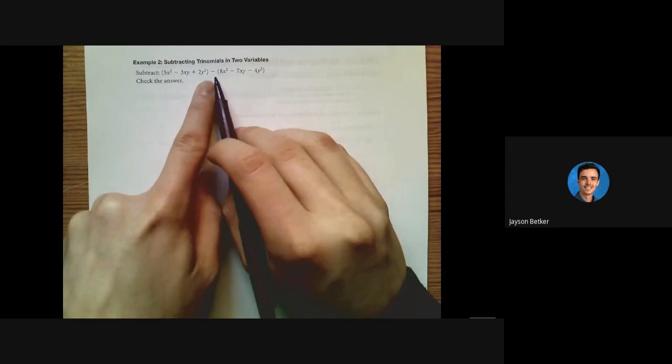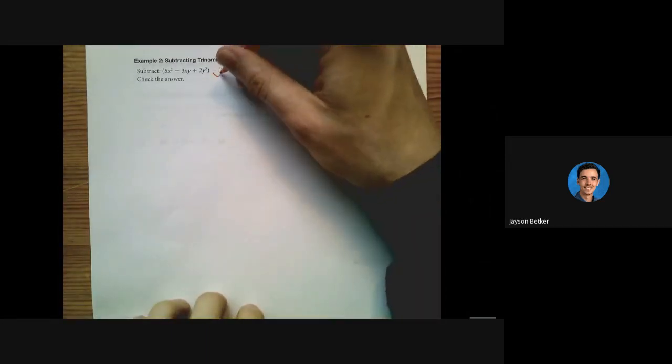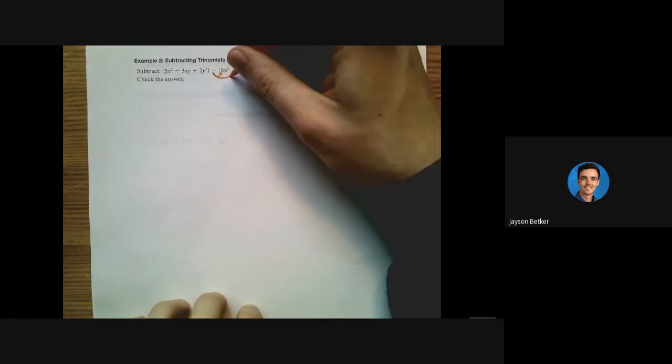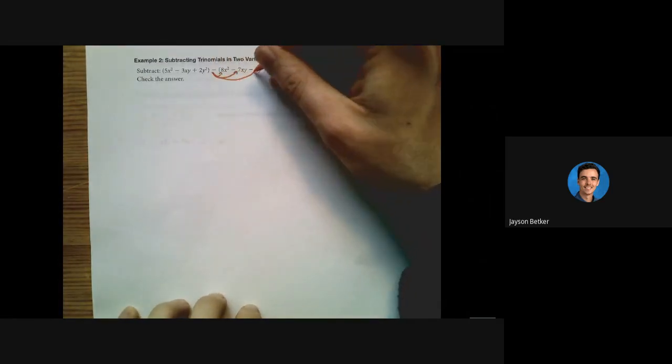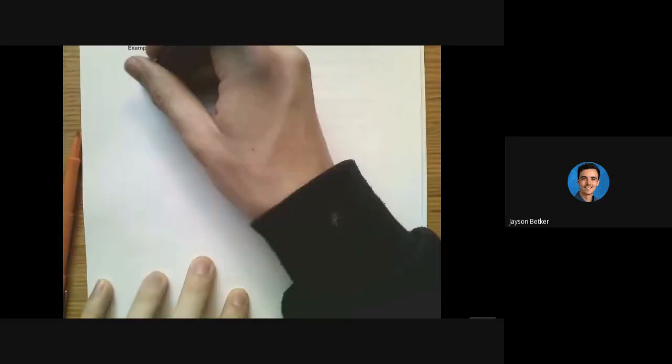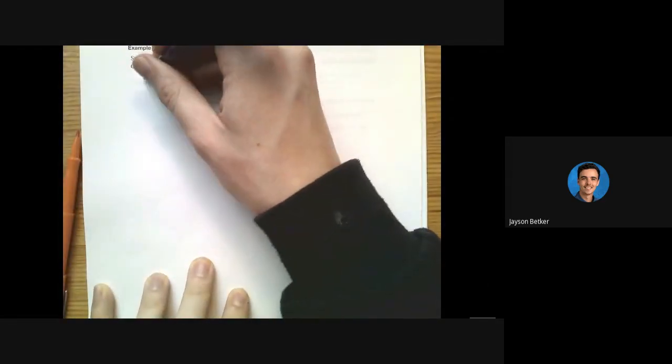Let's do our first step here. This negative sign comes in here, -8x, -7xy, and then negative again for y squared. So what this is going to end up looking like is, let's say 5x squared minus 3xy plus 2y squared.